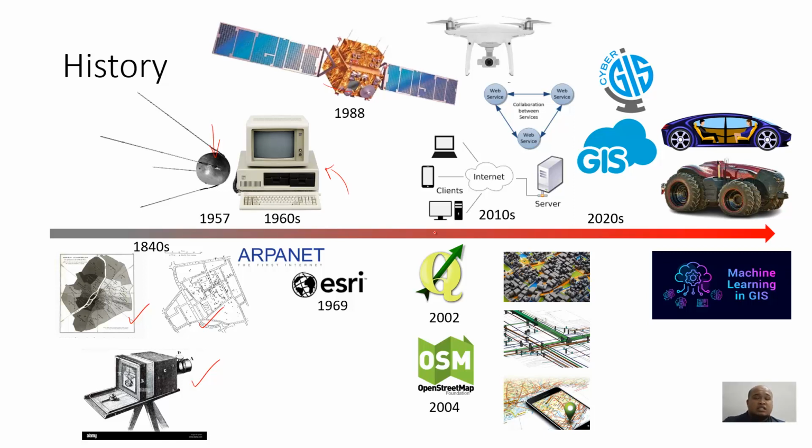And similarly, in the 1960s, the first internet for networking was created by ARPANET, right? And not long after, towards the end of the 1960s, in 1969, Esri was born.